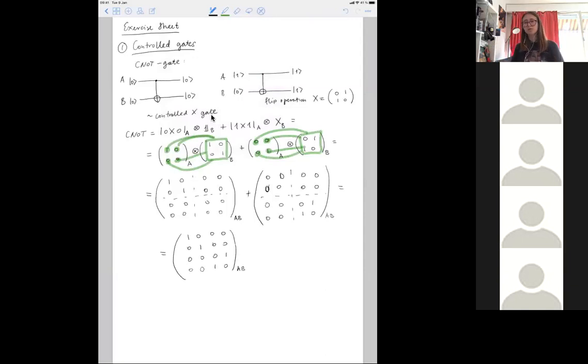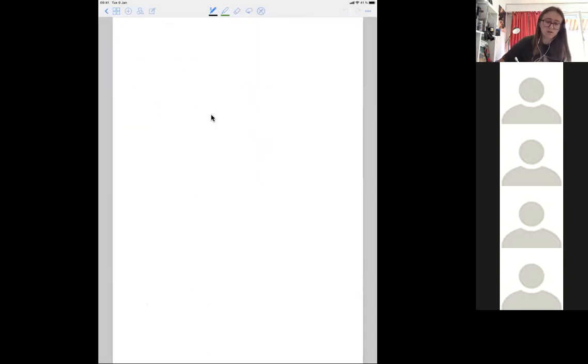Then what we get is, so this is the matrix of the C0 gate. In this exercise, you would also encounter the following gate, which is the CZ gate. Let me start on another page. So the CZ gate is the controlled Z gate.